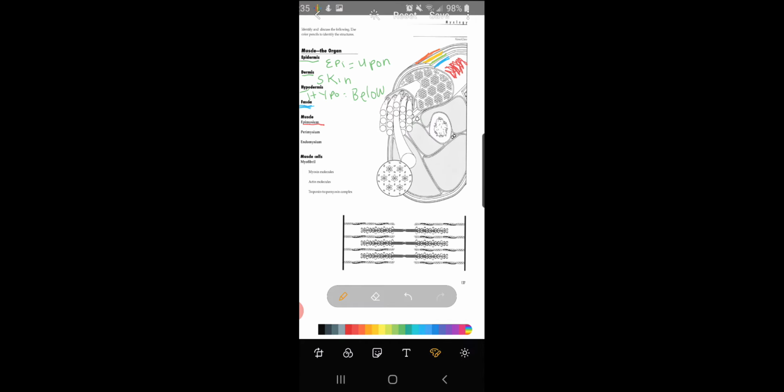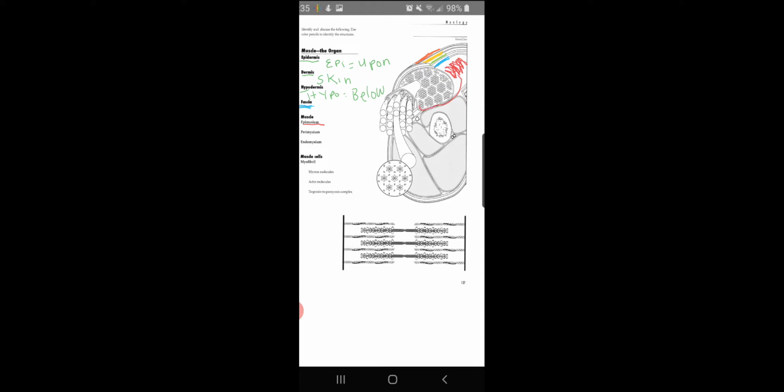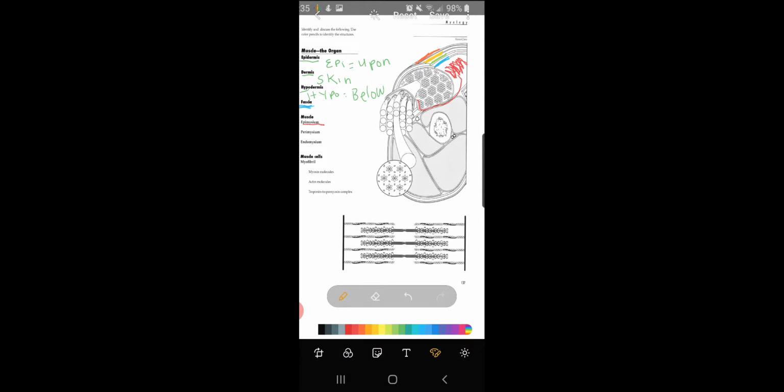So in this arm, let's just say this is like your leg, or yeah, this looks more like an arm, you can see each of these compartments, right? So your epimysium is what's going to be making those specific compartments. That's this outer layer, okay?